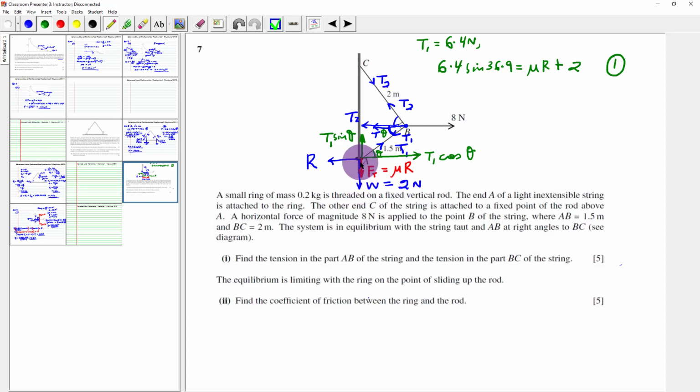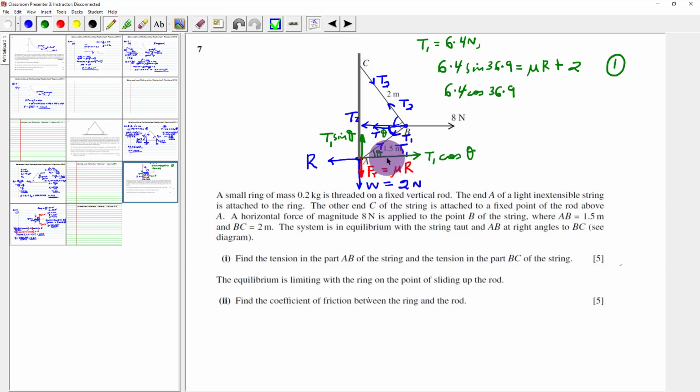The second expression will be the sum of the forces to the right, which is T1 cos theta, again 6.4 cos 36.9.